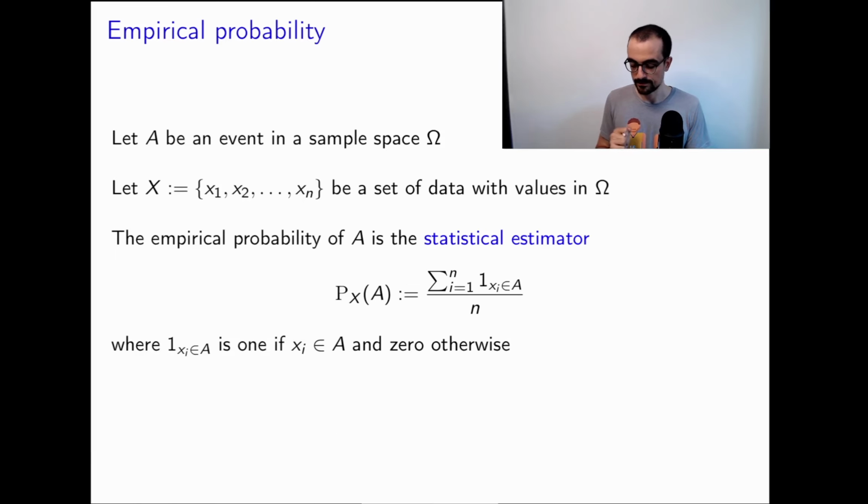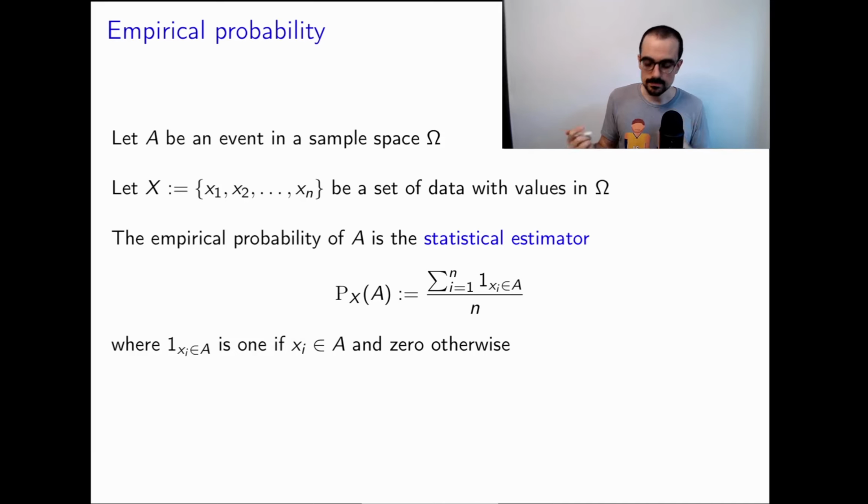Now we're going to make a short interlude before we go on to derive another very important discrete distribution, and we're going to see a very interesting application of the binomial distribution, and that is to analyze the empirical probability. Up to now we have been using empirical probabilities all over the place to estimate probabilities from data.